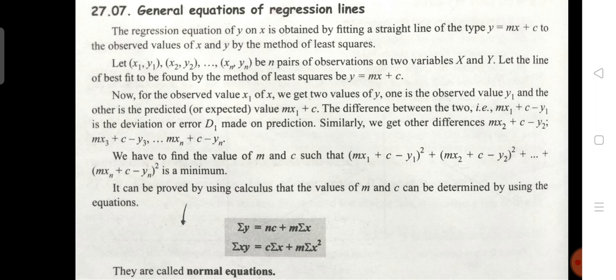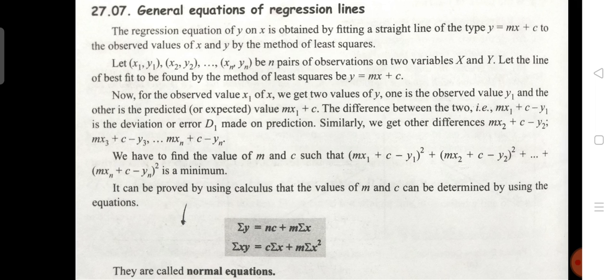Then for the observed value x1 of x, we get two values of y: one is y1, and the other is mx1 plus c. The first coordinate is y1 and the next is on the line, mx1 plus c. The difference is mx1 plus c minus y1, that is d1.